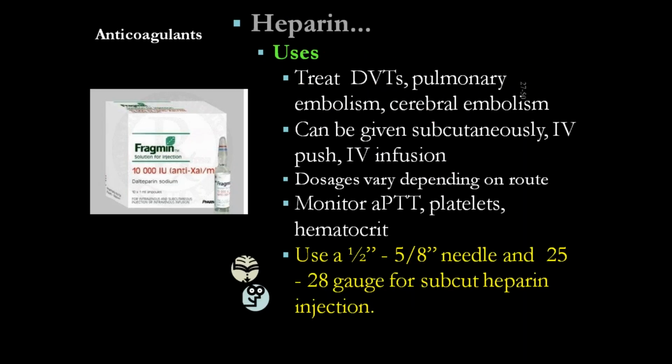All right, so for heparin, we are going to use some specific material, like a half inch to 5/8 inch needle and 25 to 28 gauge for subcutaneous heparin injection. Okay, so that means that 25 to 28 is a very thin needle.